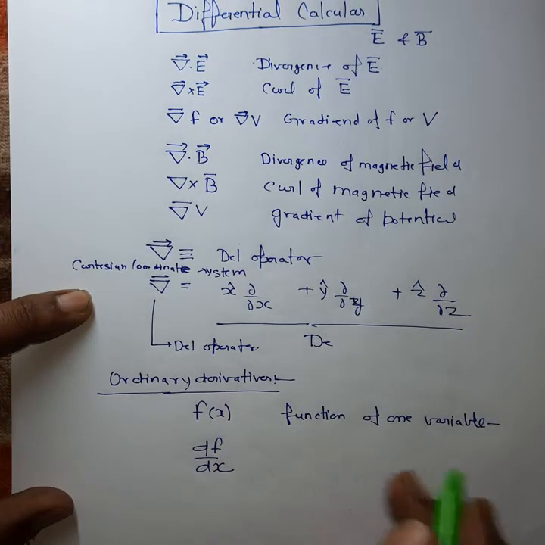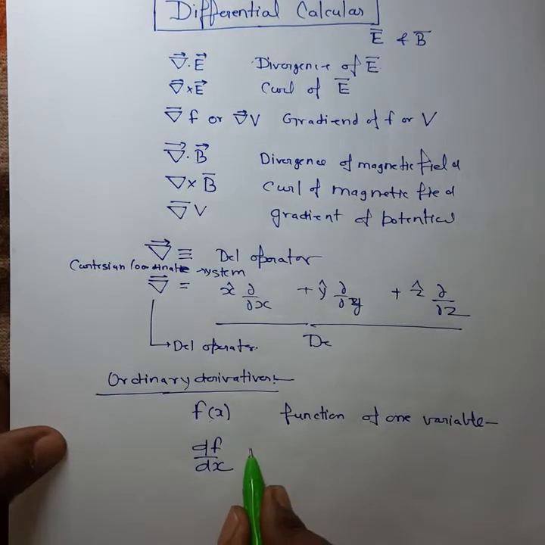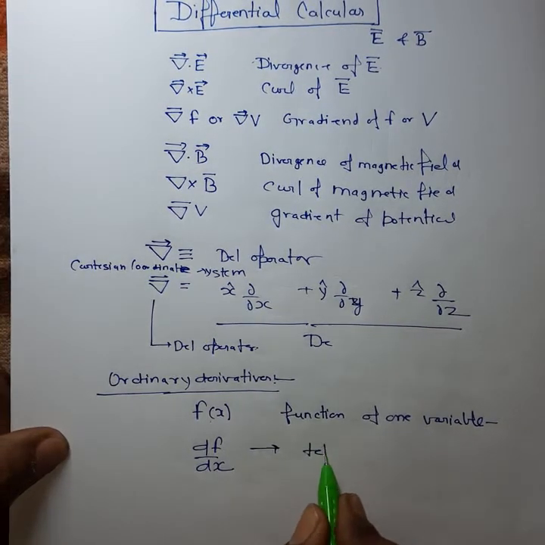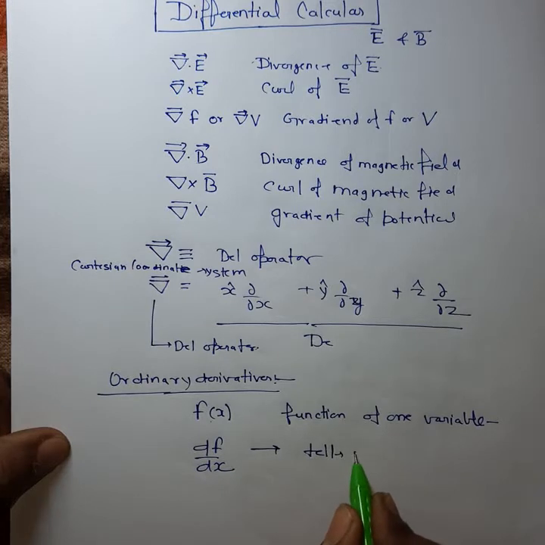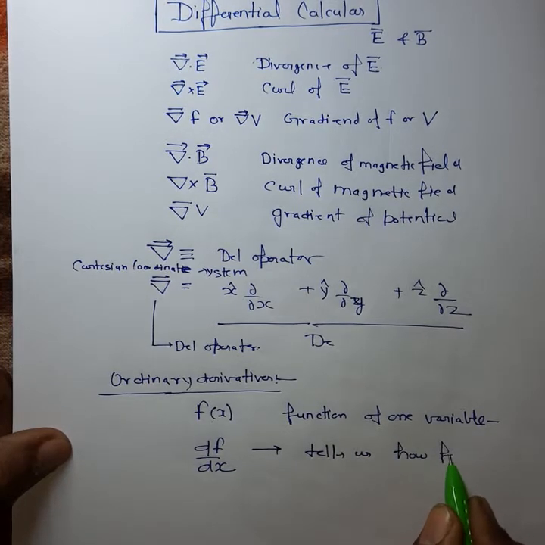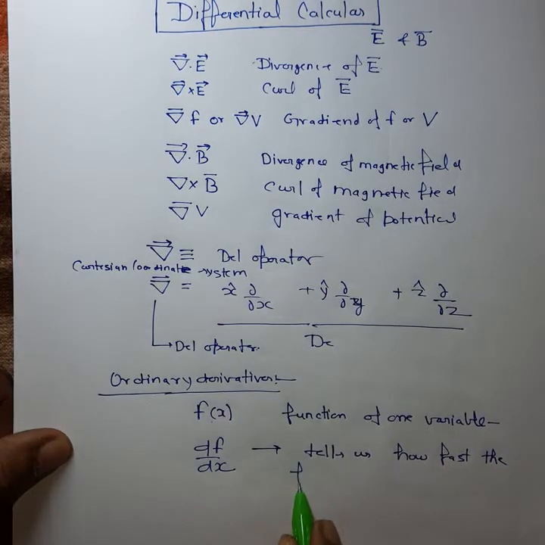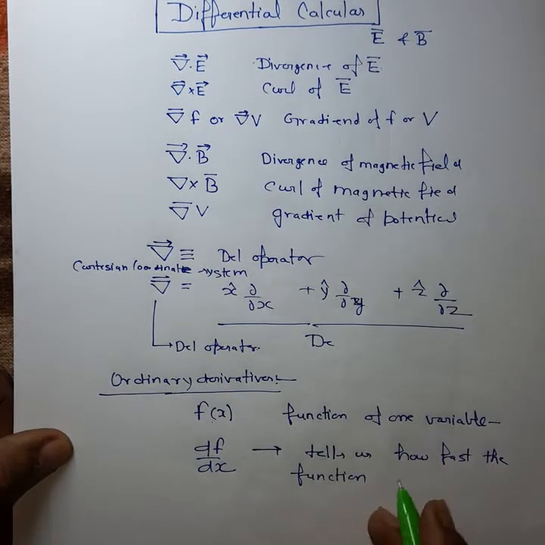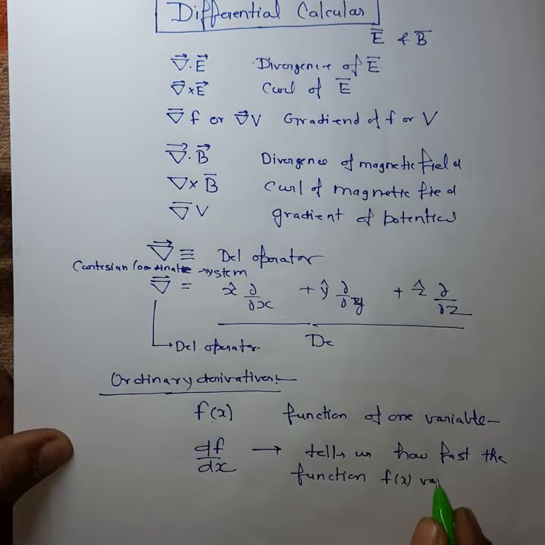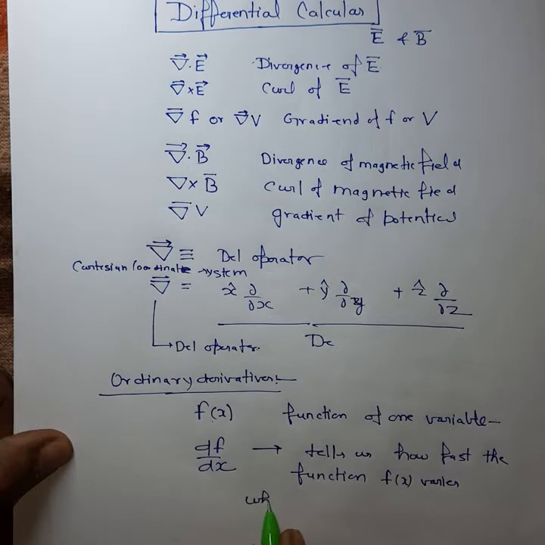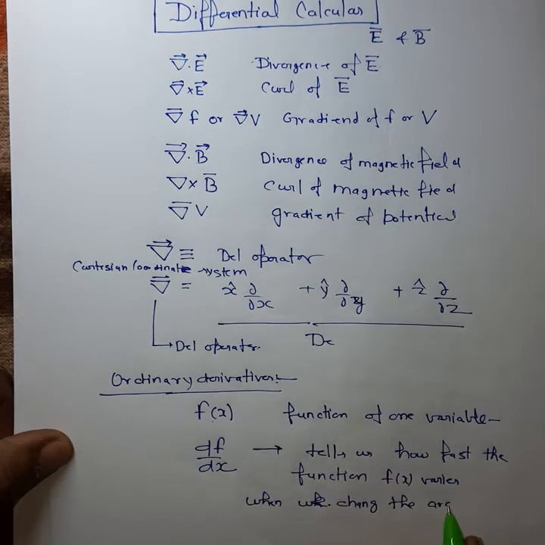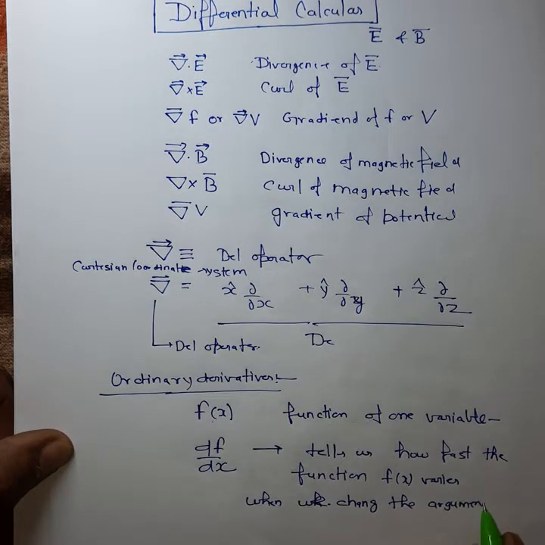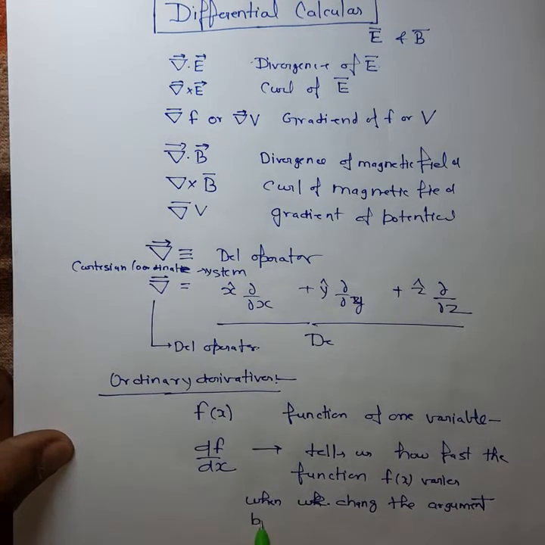You know that df by dx tells us how fast the function f(x) varies when we change the argument by a tiny amount dx.